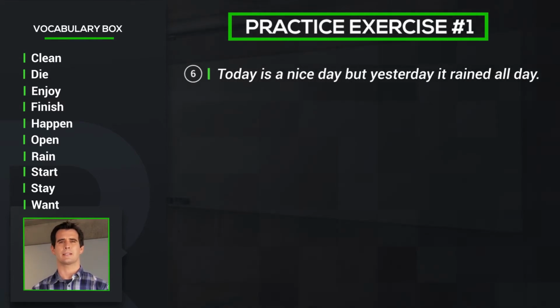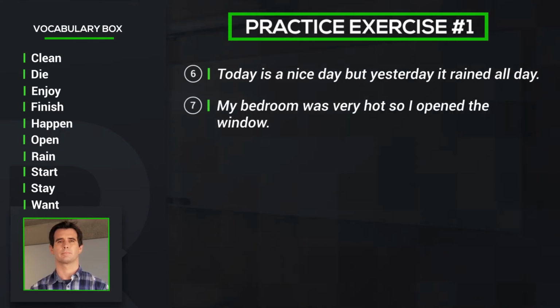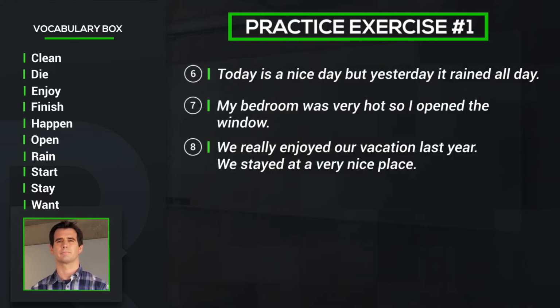Today is a nice day, but yesterday it rained all day. My bedroom was very hot, so I opened the window. We really enjoyed our vacation last year.